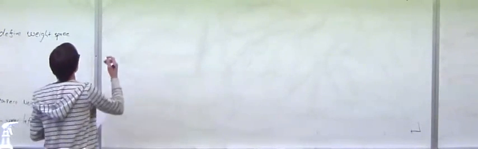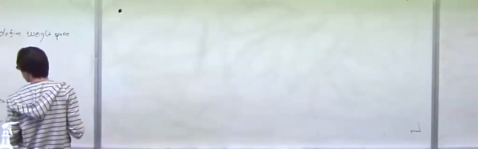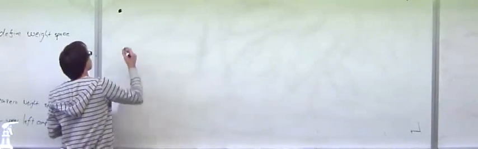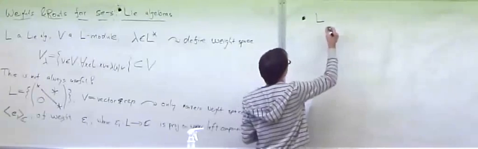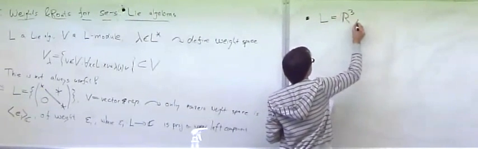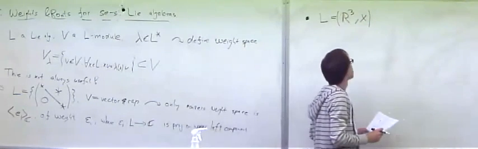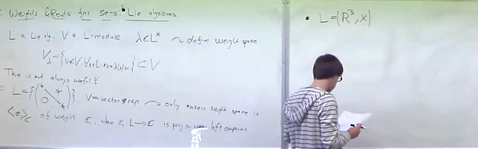Yeah, and then there is another example. You can think about one of our most studied examples in the first couple of lessons: R3 with the vector product. So it's now a real Lie algebra again, even though all other Lie algebras we study now are complex.